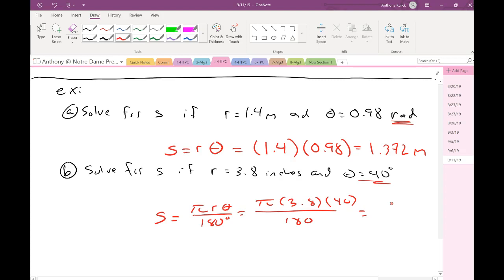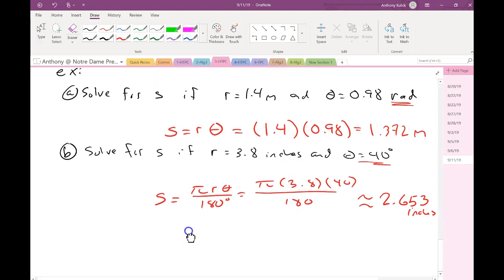And when I do that, well, I get a long number anyways. It's not that terribly big. I get 2.653 inches. Everyone okay there? Okay.